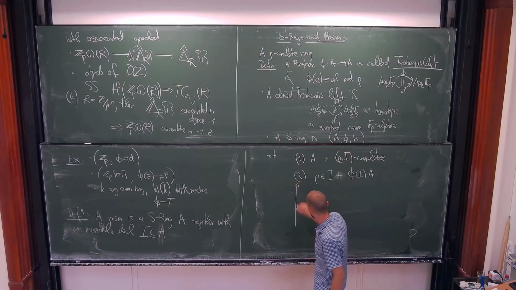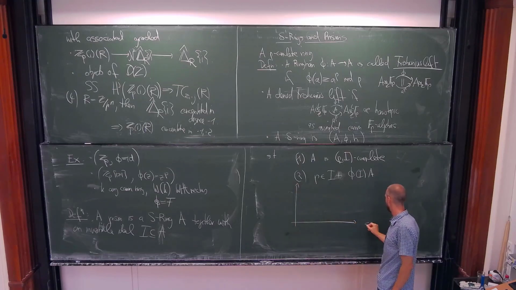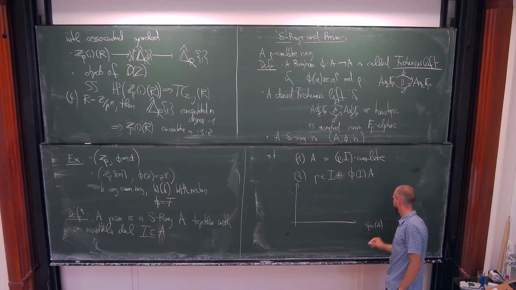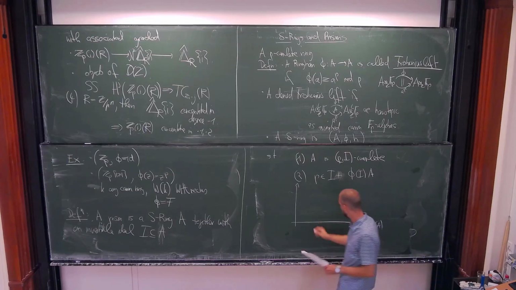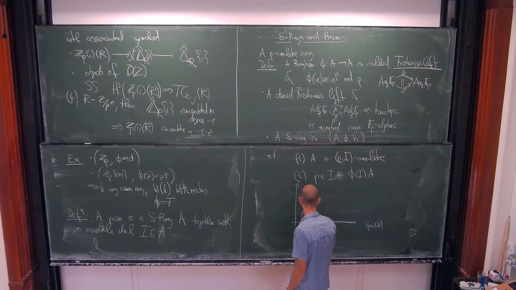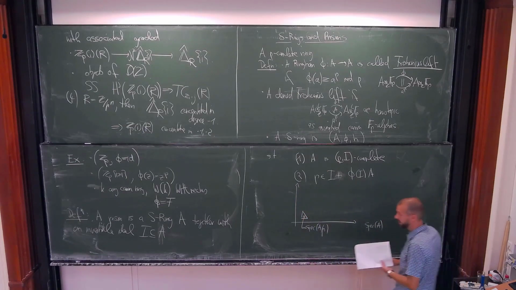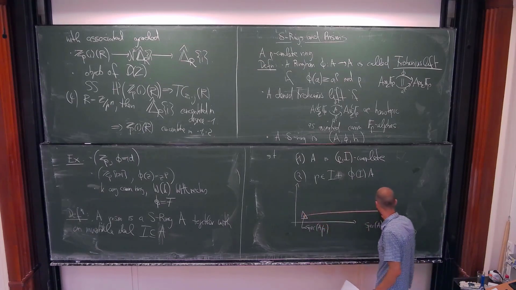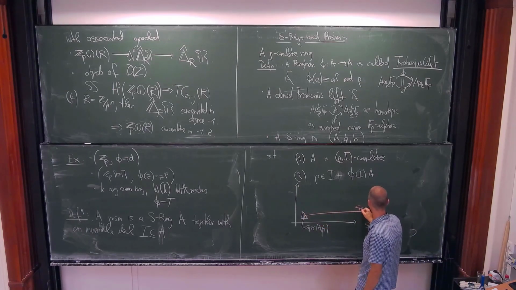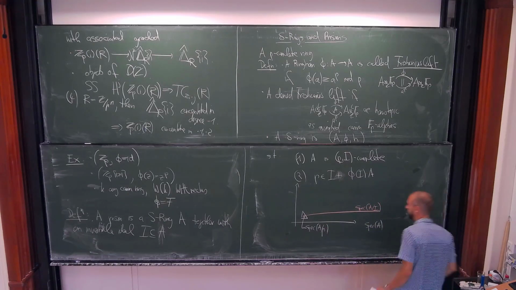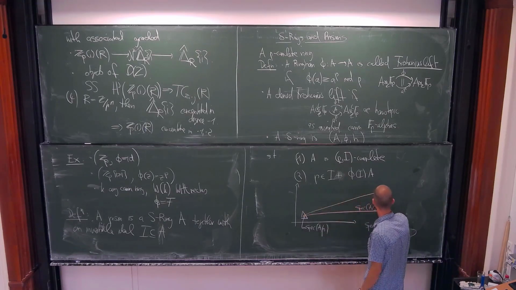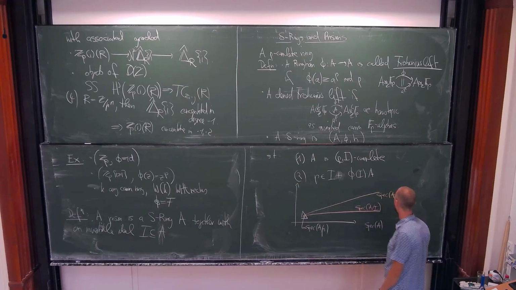So here's a picture. I think of a prism as something two-dimensional, so that's Spec A, where A is a prism. Then here I have this little prism thingy. This is Spec A mod p, the mod p reduction, and then I have these rays coming out. This is Spec A mod I. And then the next thing is Spec A mod phi(I).